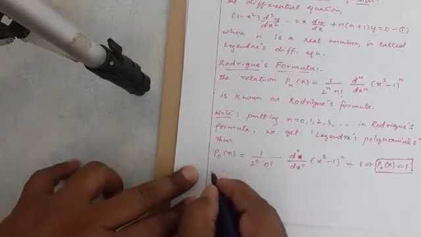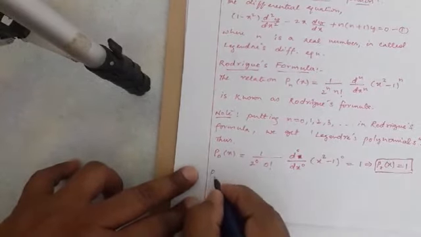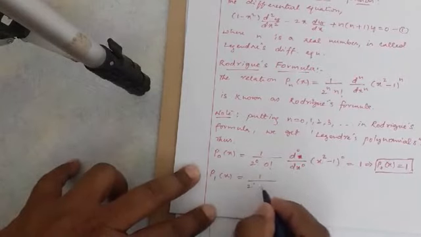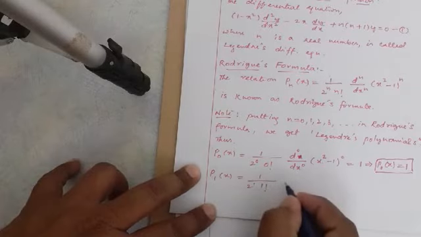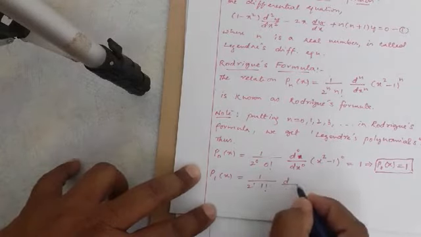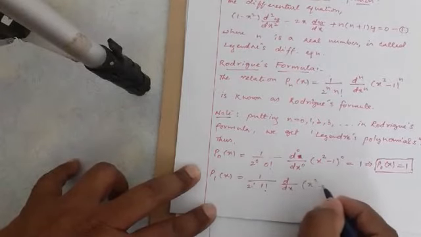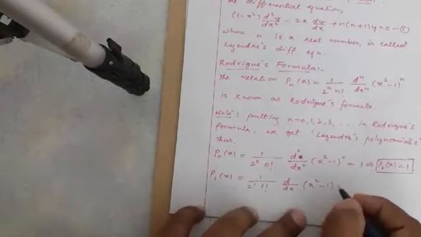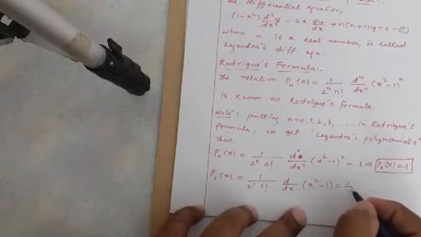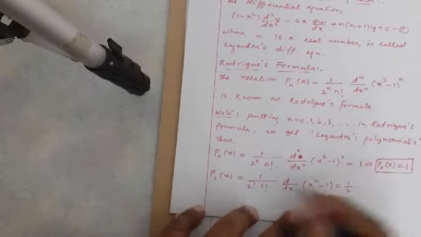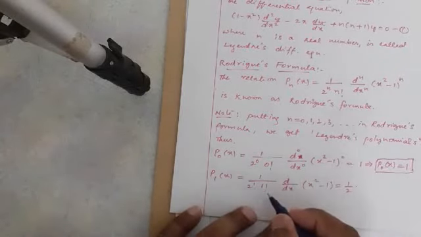In the same way, when you substitute n is equal to 1, then you get P1 of x is equal to 1 upon 2 power 1 into 1 factorial into d power 1 upon dx power 1 into (x square minus 1). So 2 power 1 is 2, 1 factorial is 1.